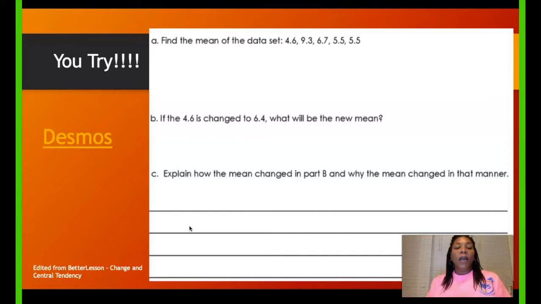And then for B, if the 4 6/10 is changed to 6 4/10, what would happen to the new mean? Think about that. And then explain how the mean changed in part B. So you want to write what would be the new mean, what will change, and what you think happens. Okay? So go ahead, pause the video, and then we're going to come back and check your answer.